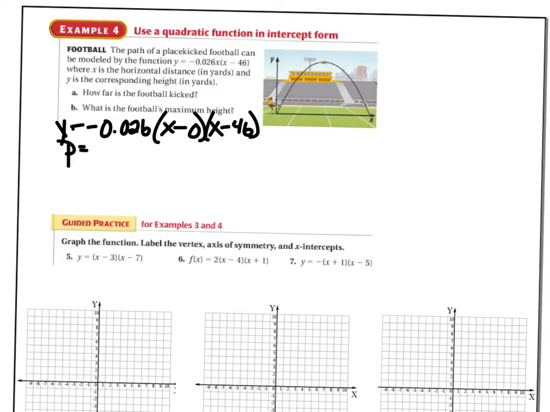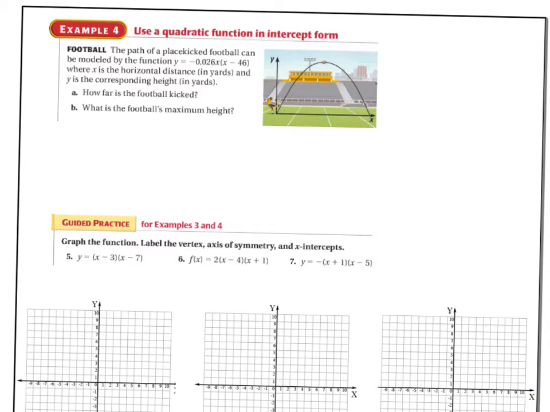So you could say that p is 0 and q is 46. So the question is, how far is the football kicked? Well, I cannot determine how far it is kicked right now, but I do know that if I found the coordinate of my vertex and I saw how far that was there, that I could multiply it by 2 in order to get to the total distance.